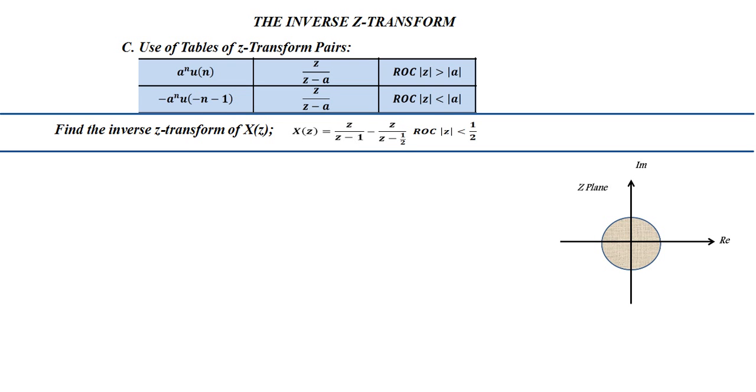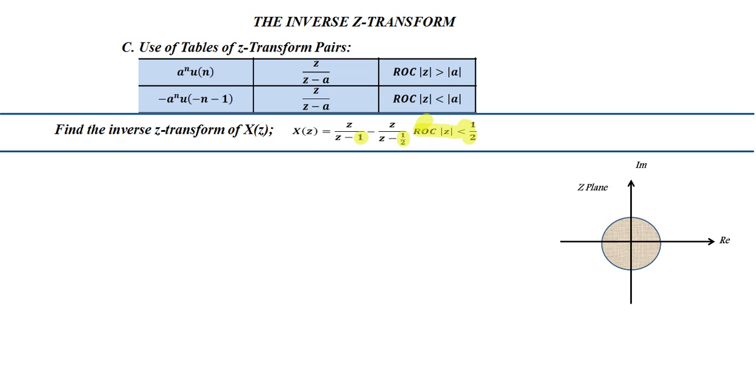It's very important that when you find the inverse Z transform, always verify the ROC part. In this question you can see that there are two poles. If you equate the denominator to zero, one is z is equal to 1 and another one is z is equal to 1 by 2.